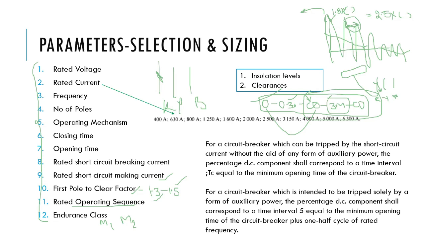My closing coil should operate for 80 to 120% of the voltage. So we are specifying something regarding the tripping coil and closing coil. We require 2 tripping coils in the breaker. We have to specify all these things in the breaker technical specification, not here in the description in the bill of material or the bill of quantity that you are preparing. So these are the main important parameters we have to look into.